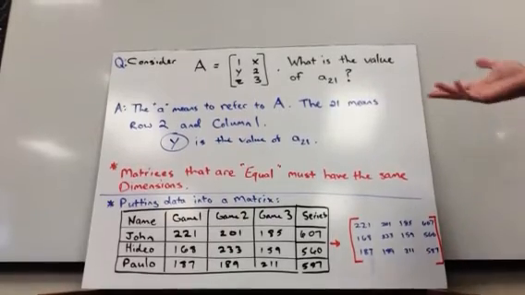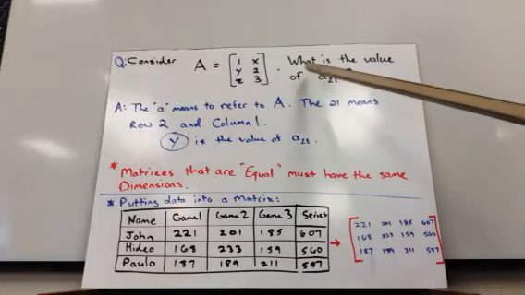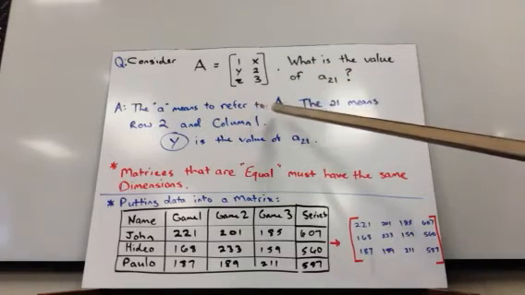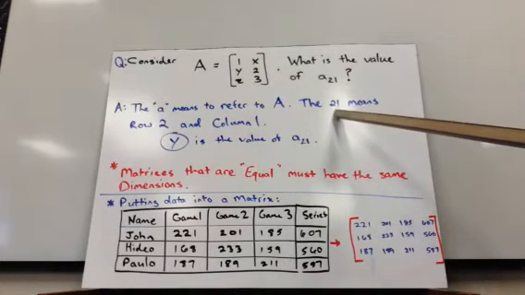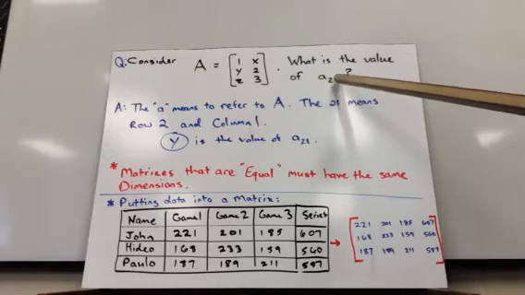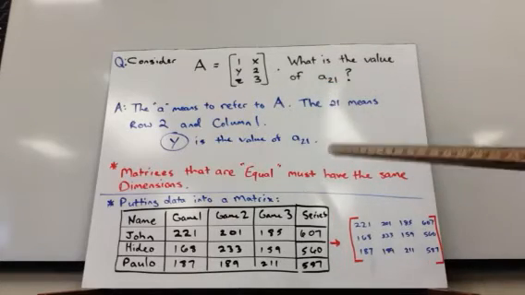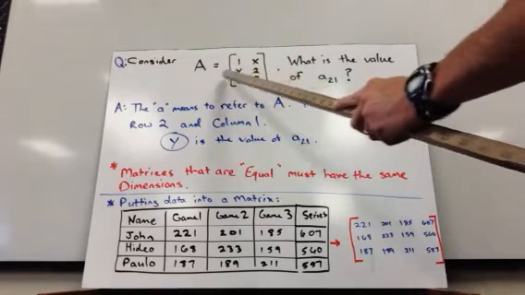All right, so when we answer the question, it says that the lowercase a in the question means to refer to the big A matrix. Pretty easy. The 21 means row 2 and column 1. So they don't put the x here, they just put 2, 1. So when we look at row 2, that's the y and 2.